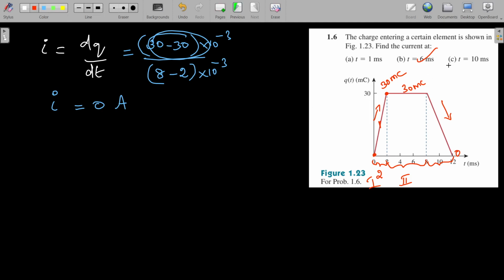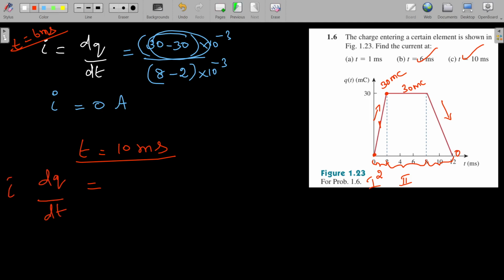Then we go for the third case, t equal to 10 milliseconds. So for that case, what is the change in charge for dq by dt, that is, the current I? During this period, the charge changes from 30 millicoulombs to 0. So we write 0 minus 30 millicoulombs, that is 10 power minus 3 coulombs, divided by the change in time.